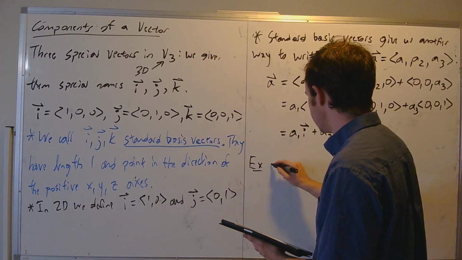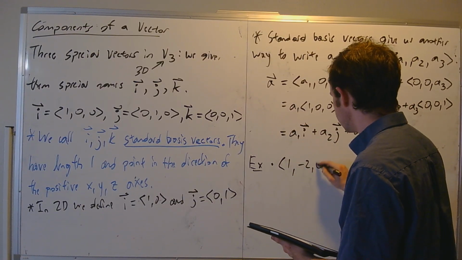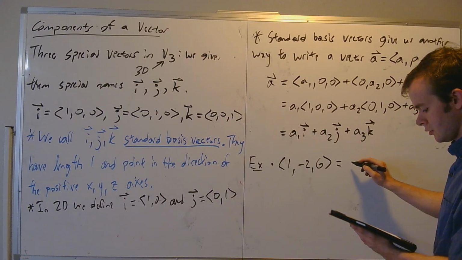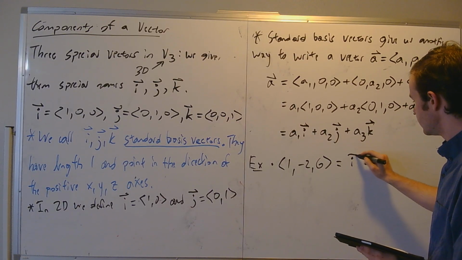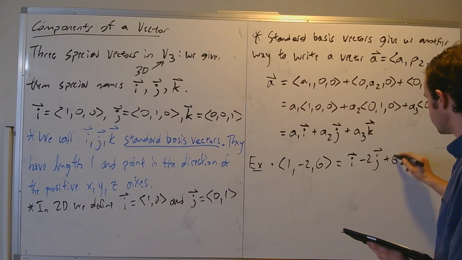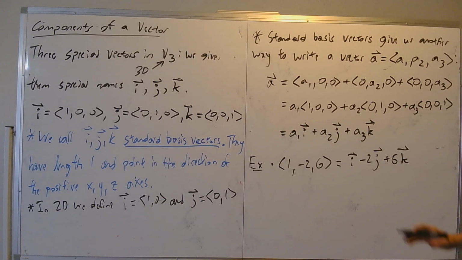Okay, so for example, if we have the vector 1, negative 2, 6, we can rewrite that as i minus 2j plus 6 times k. So we can rewrite that using only these 3 standard basis vectors.